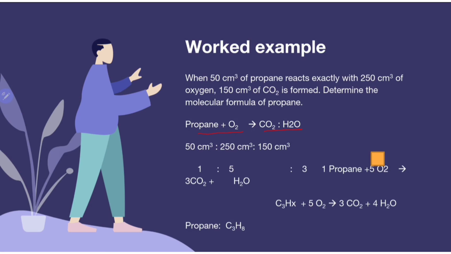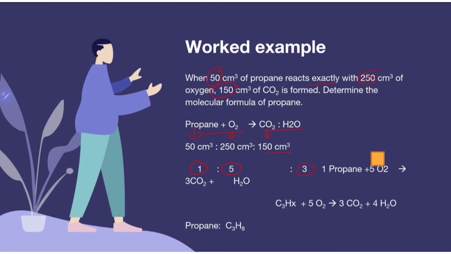We just use the ratio of the volume, 50 and then 250, exact. So this is the ratio, no excess. And then producing 150. So the ratio of propane, O2 and CO2 is 50 to 250 to 150 cm cube. So the ratio is 1 to 5 to 3.